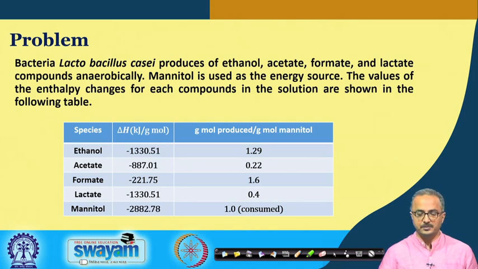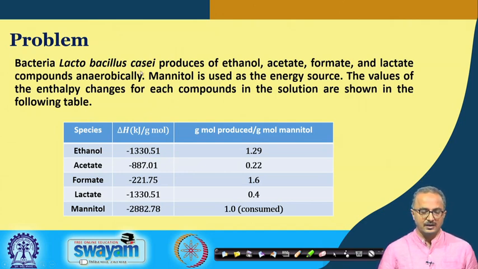Now, we come to another problem of a similar kind. Here we have a bacterial reaction, and we know that bacterial reactions are also found in our day-to-day life, for example, when we make curd from milk, lactobacillus bacteria act on the milk to convert it into curd. Similar things are also done in industry for the production of many compounds.